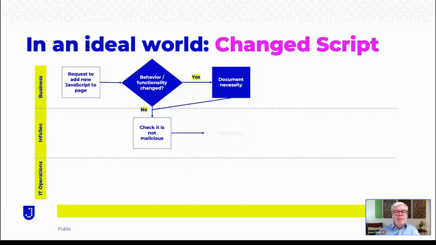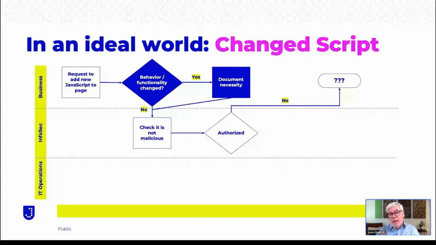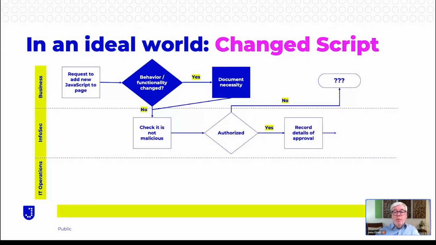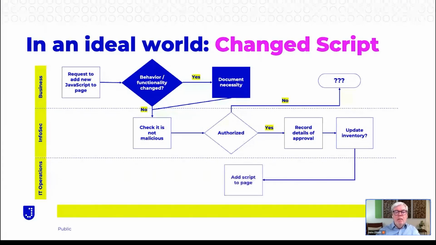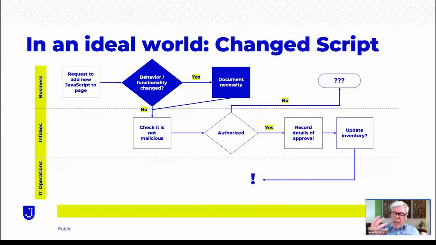Check it's not malicious, and if so, then it's authorized, and if not, then it gets taken off. Otherwise, we record detail of the approval and update the inventory. There's been a change in the script, and we don't need to add the script to the page because it's already on the page, so we're just documenting. So that's what you would think if you read 6.4.3 about some type of workflow in your organization.